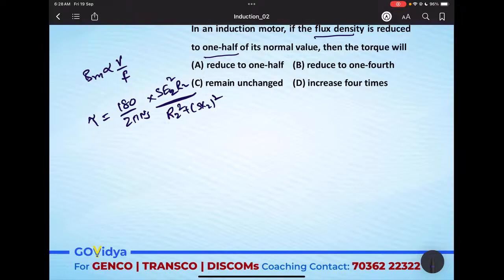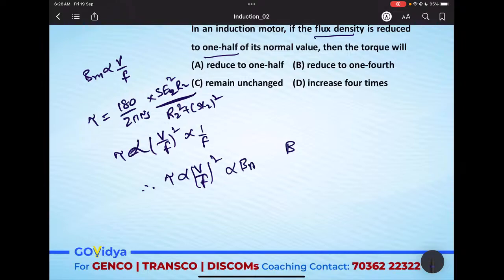From this, as in the previous question also, the relation will come as torque directly proportional to V by F whole square into 1 by F. So we may take torque as directly proportional to V by F whole square. If flux density is reduced to 1/2, that means torque is proportional to Bm square.